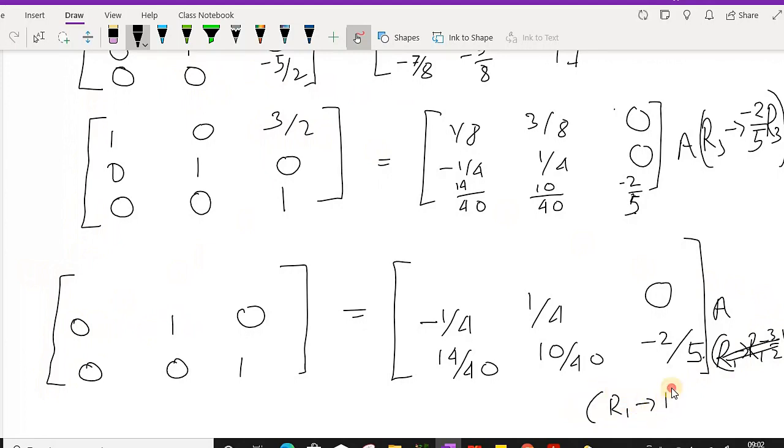R1 changes to R1 minus 3 by 2 R3. That's it. You apply this one, so you will get 1 0 0. So here what will come, you do it here, and you will get this one as the A inverse. Okay. So you complete this.